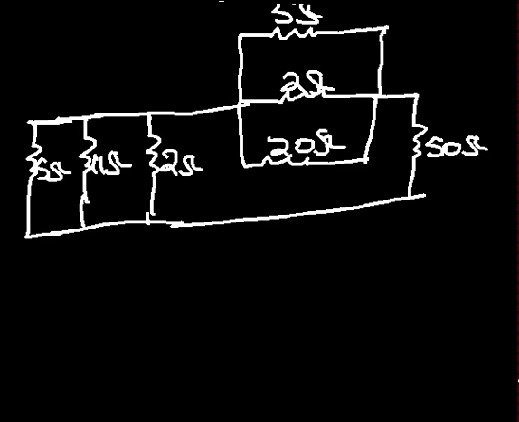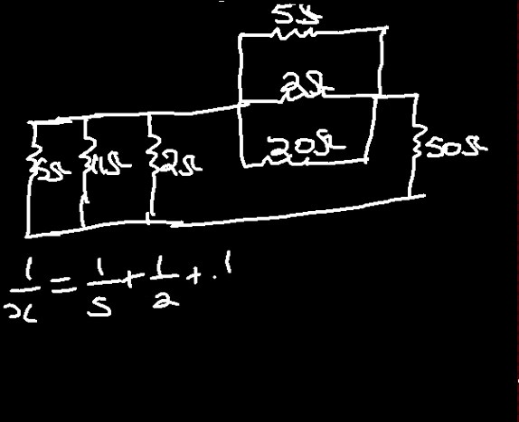Now let's say it should be this. First thing, we should add up these three. They are in a parallel circuit. So the R total between the 5, 2 as well as the 20 is given as, let's say, x. Since they are in parallel, 1 over x is equal to 1 over 5 plus 1 over 2 plus 1 over 20.